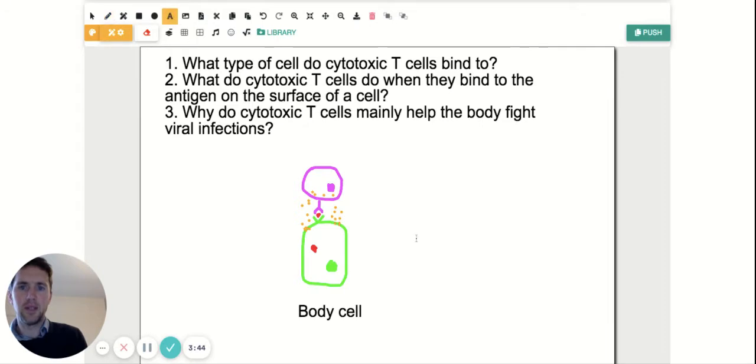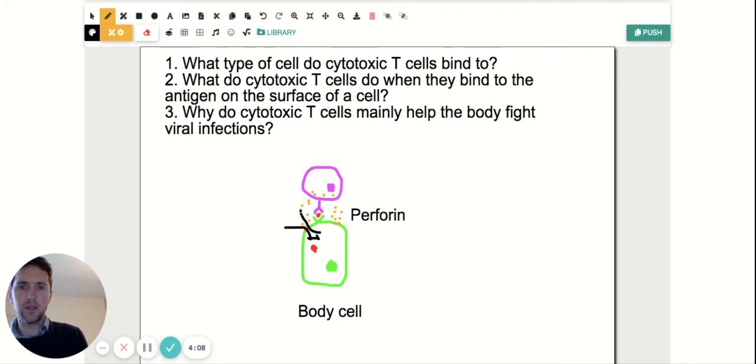That protein is called perforin. That's what's released. They insert into the membrane, and what that does, it means that the cell can no longer regulate ions and water moving in and out.